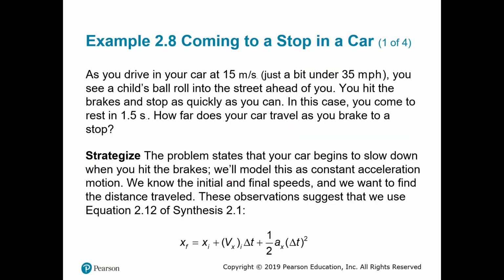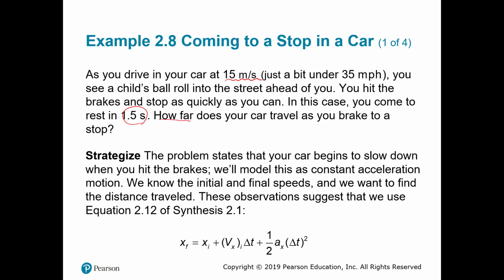Right? Another example: as you drive in your car at 15 meter per second, you see a child's ball rolling into the street. You hit the brakes and stop as quickly as you can. In this case, you come to rest in 1.5 seconds, right? How far does your car travel?